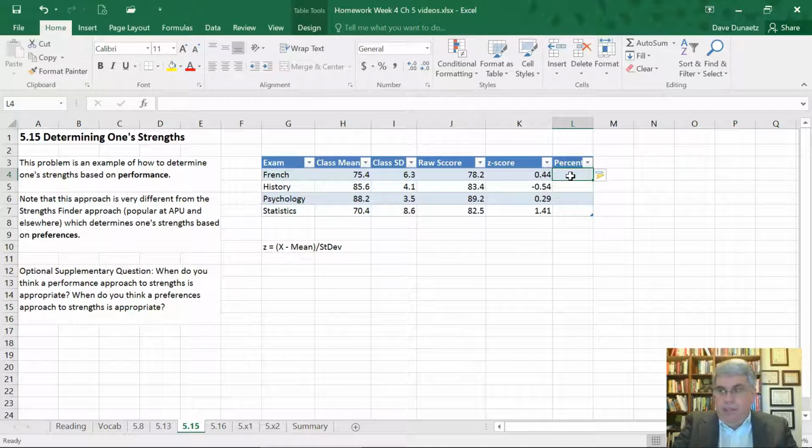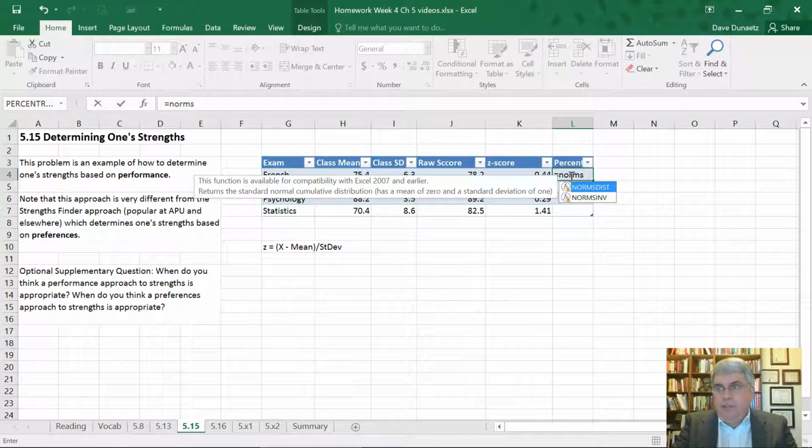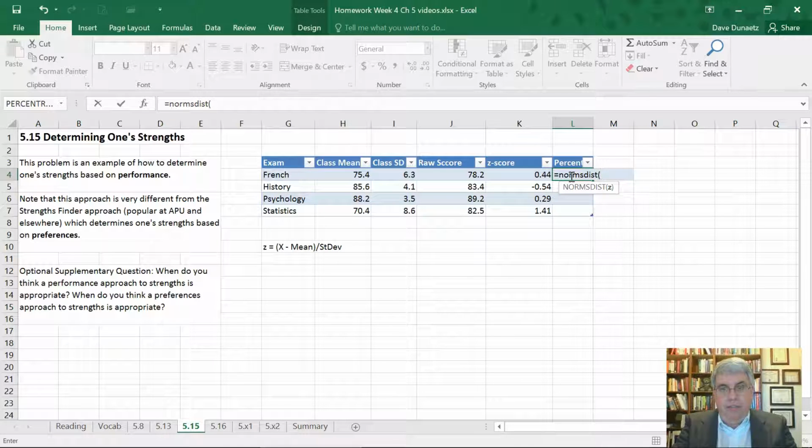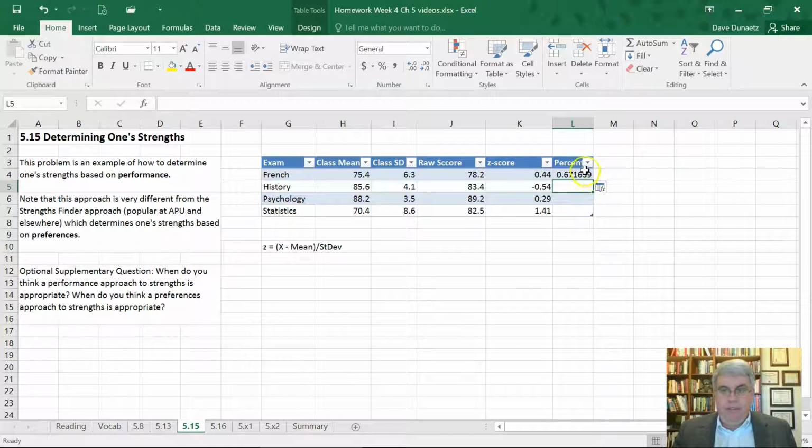So we're going to use the command equals NORM.S.DIST, the normal standardized distribution, and then we open parentheses, and it's going to be the z-score, so it'll be K4, and press enter. And so we see she was about the 67th percentile there.